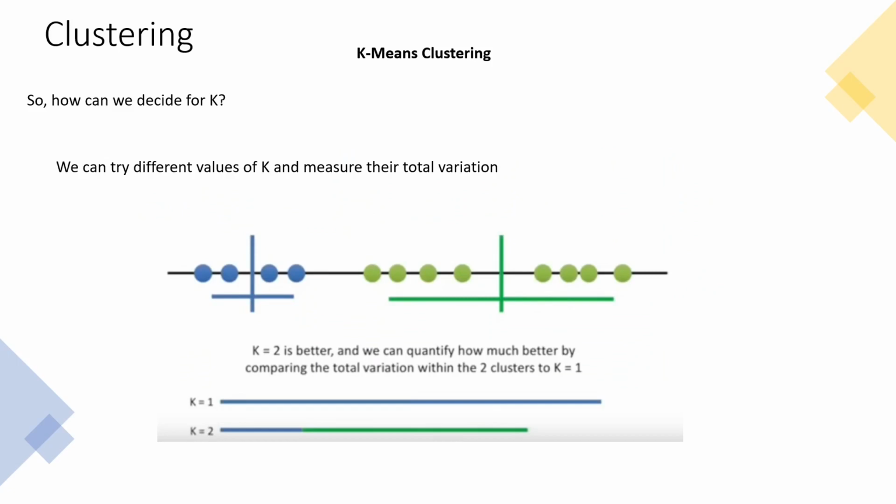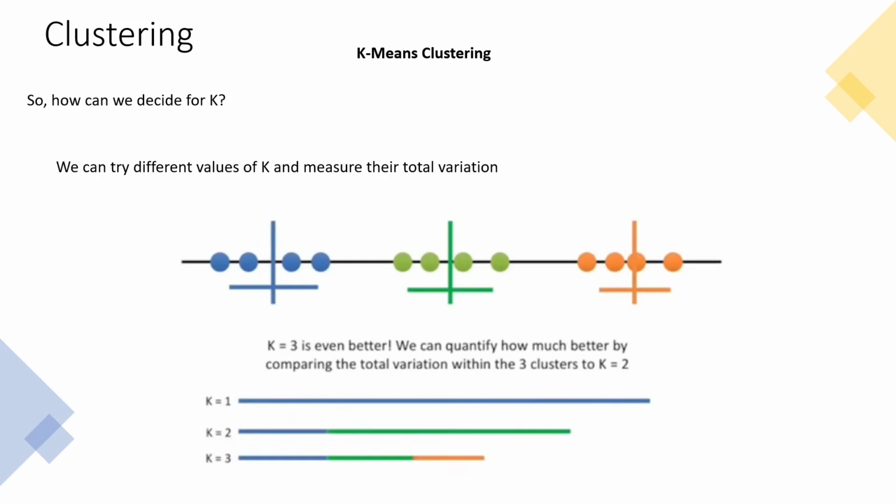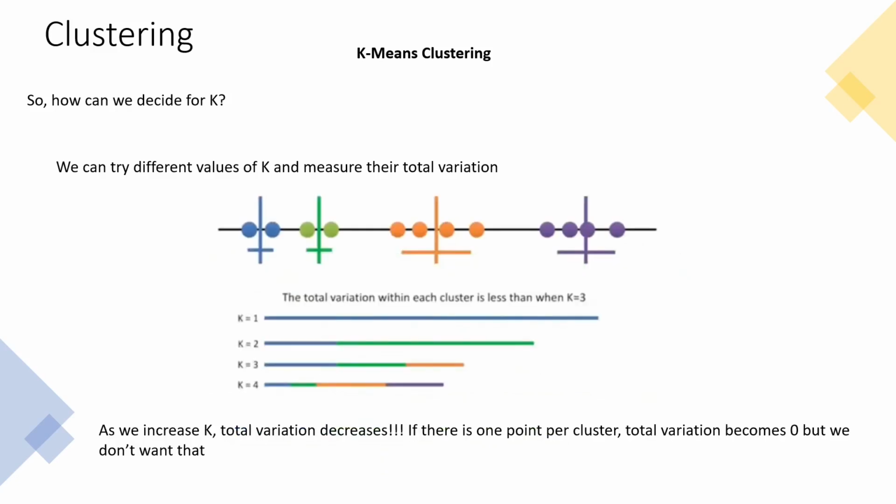Concerning the selection of k, there is a technique called the elbow technique. That's basically checking the total variation as well. Once you choose different k values, you come up with different total variations. As we increase k, total variation decreases. But there is one point per cluster, where total variation becomes zero, but we don't want that. That's not something good.